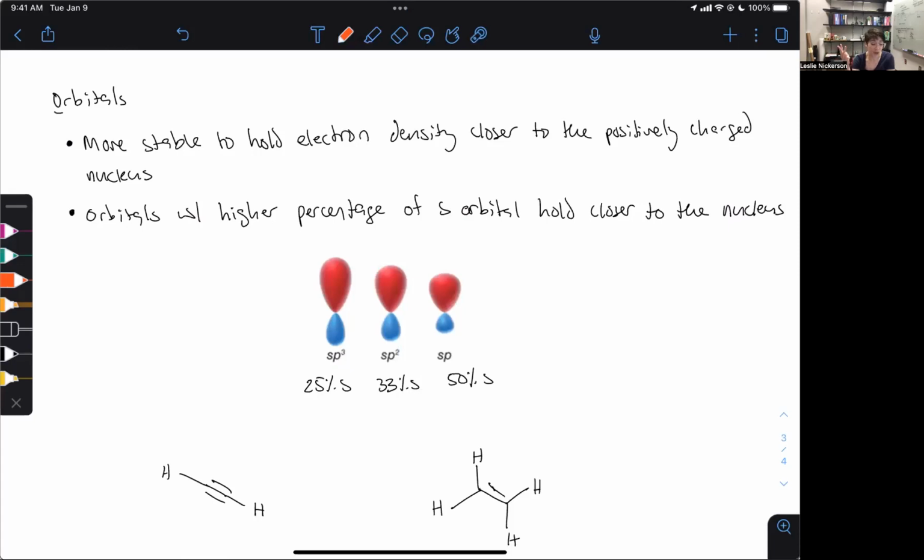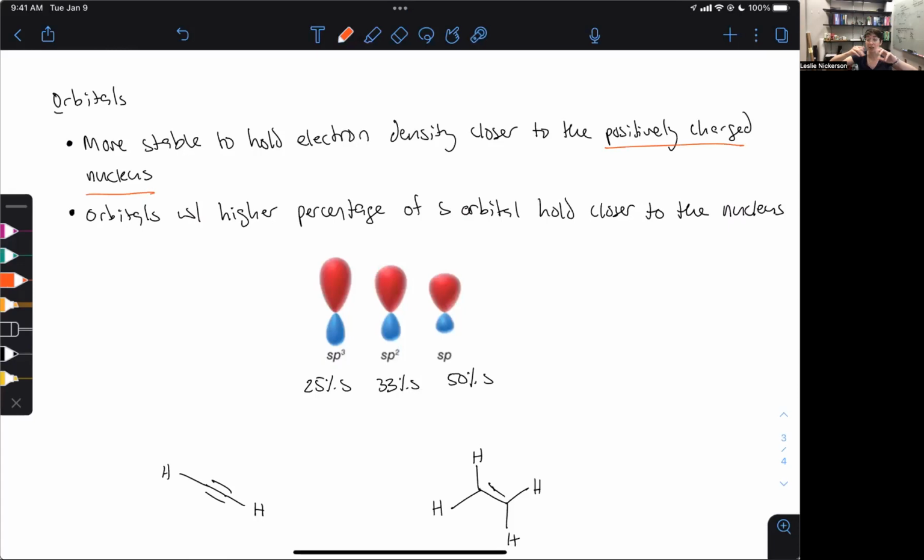And then orbitals are going to be our big ticket item in terms of how we're looking at acidity on carbon. The thing you want to keep in mind here is that it's more stable to hold electron density closer to the positively charged nucleus. The nucleus of the atom is going to be the most positive place.